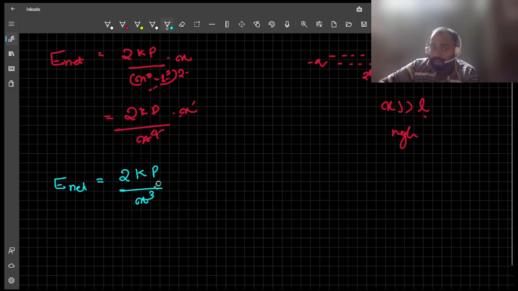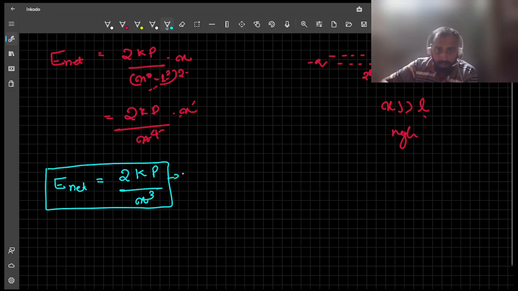This will be the net electric field at the axial point. Okay, understood? What will be the direction of the electric field?